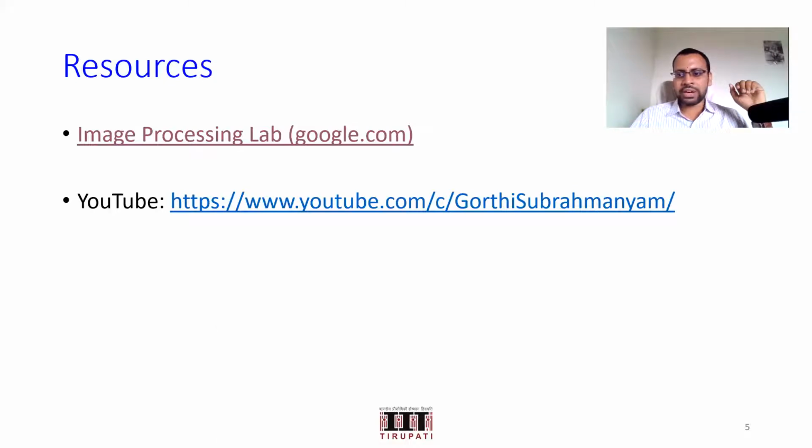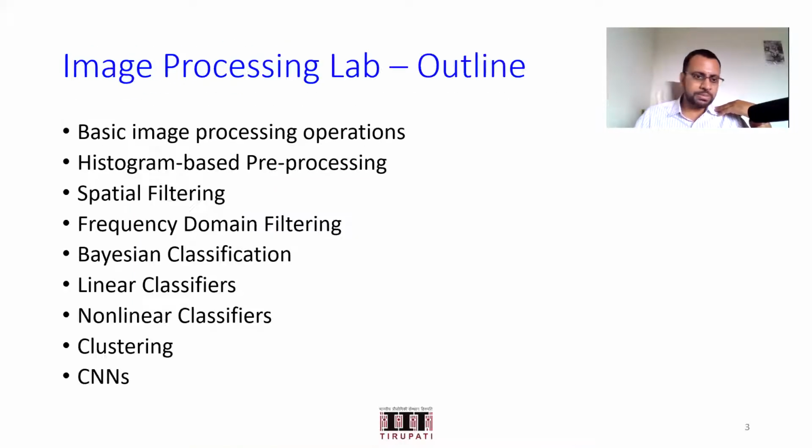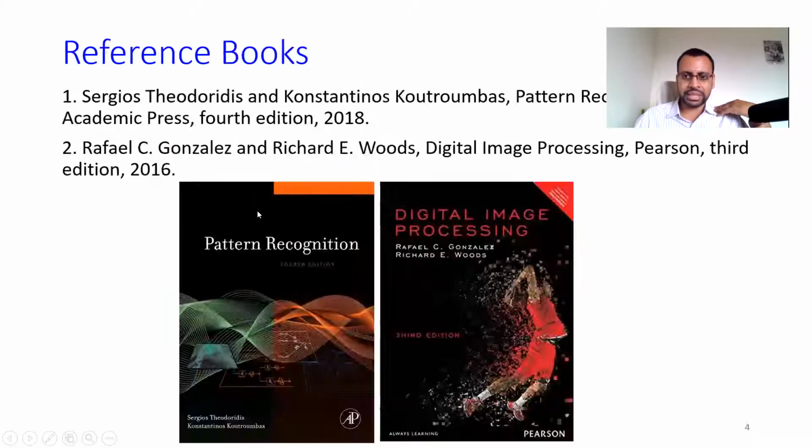I have created a Google Classroom space, and I would be uploading these videos to YouTube. This is the lab grading, to begin with, what I have in mind: lab assignment submissions and reports. I don't know how many we could manage, but for the list I have kept around 9 there.